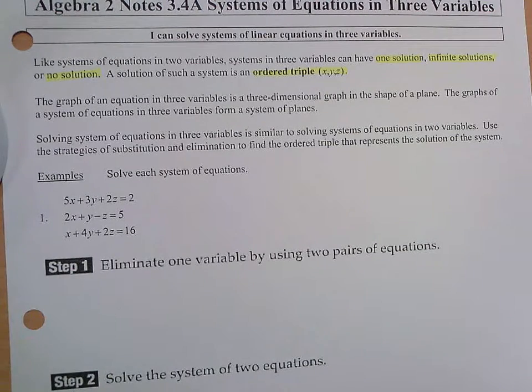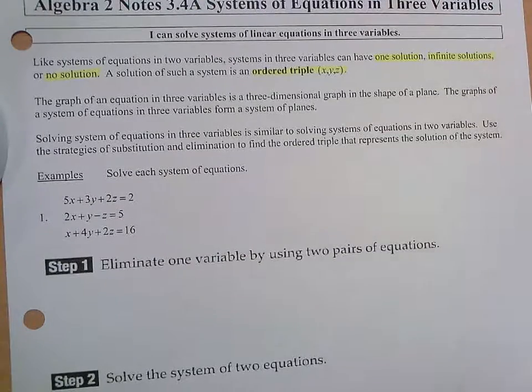If you picture three sheets of paper as three planes, it could be that all three planes are the exact same, so they intersect at every point on the plane, or maybe two of them are the same, and then you have another plane that's coming down and intersecting to form a line, which then has infinitely many points on a line. So that could be the case for infinitely many solutions.